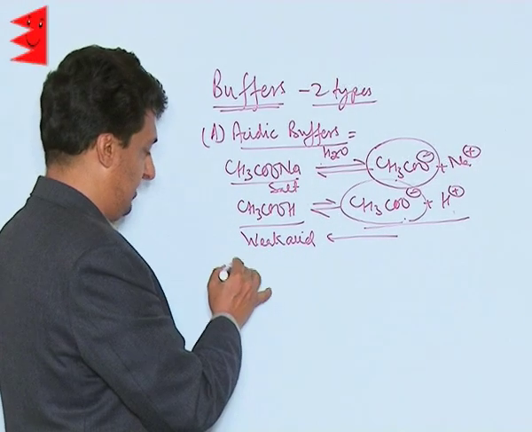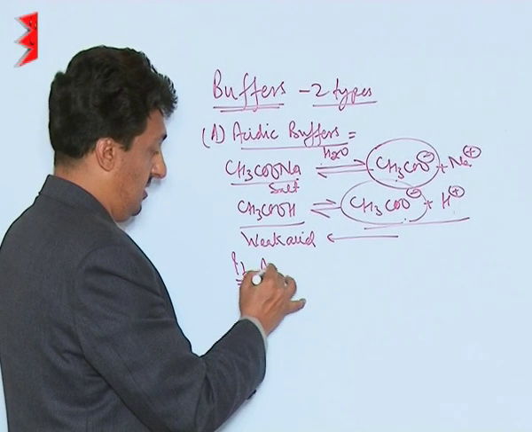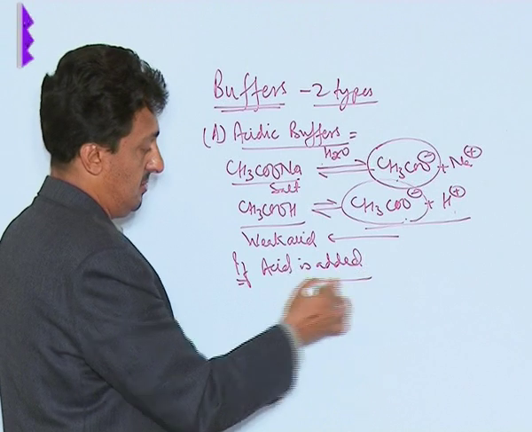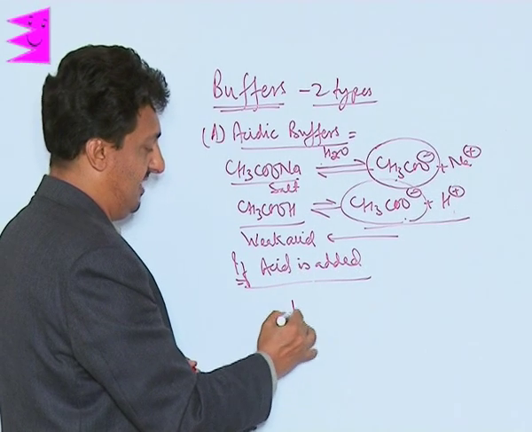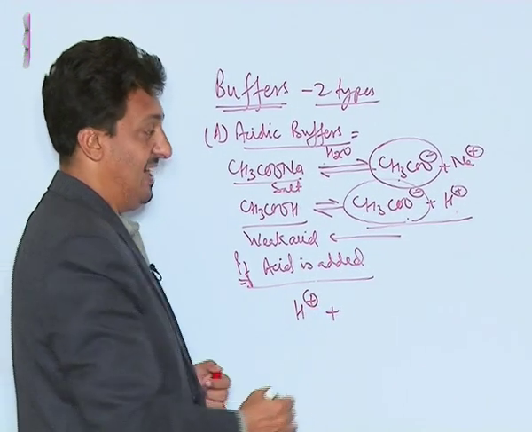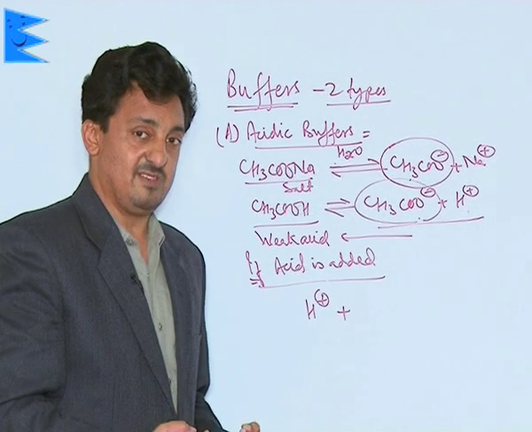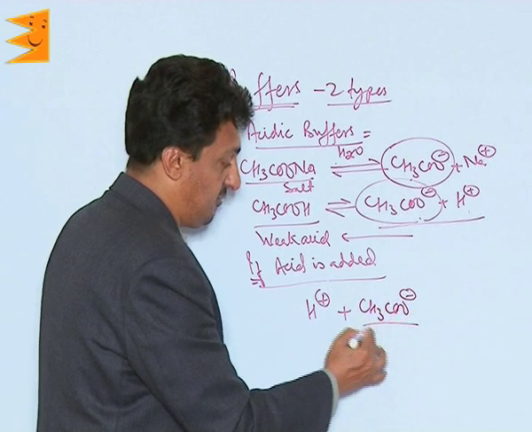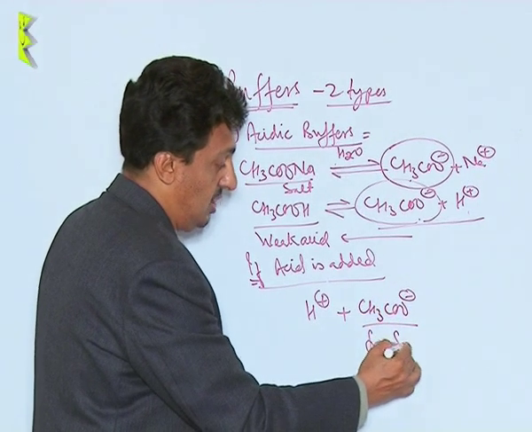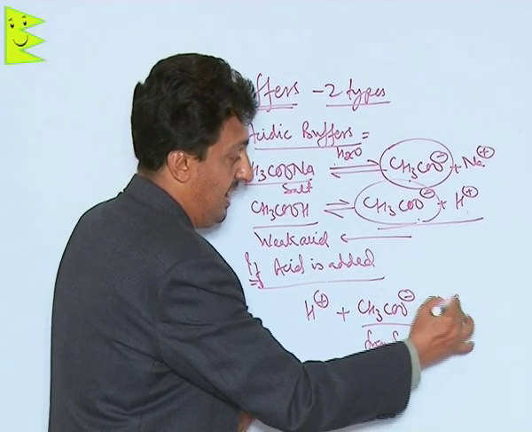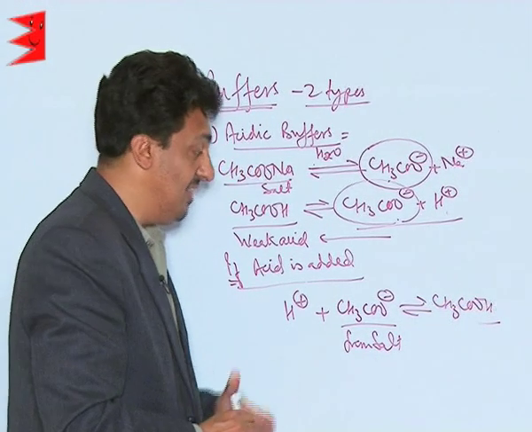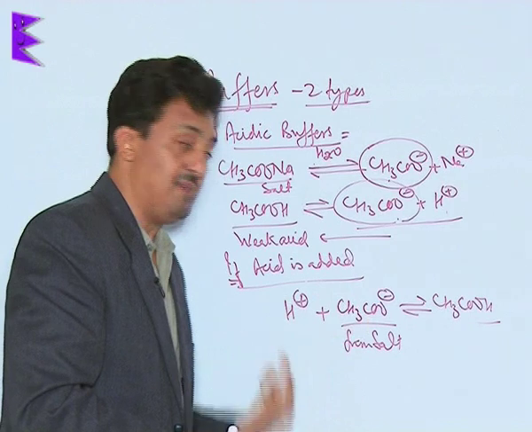Now, what is the buffer action? If acid is added, we are adding H plus ions. Who is there to accept these H plus ions? This acetate ion from the salt will combine and form acetic acid, and will not allow the acid to dissociate back.